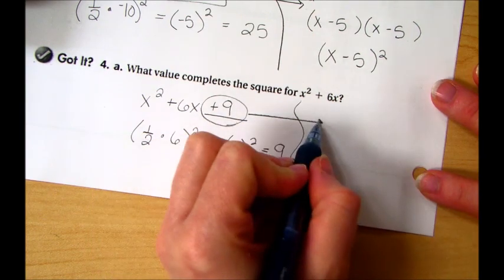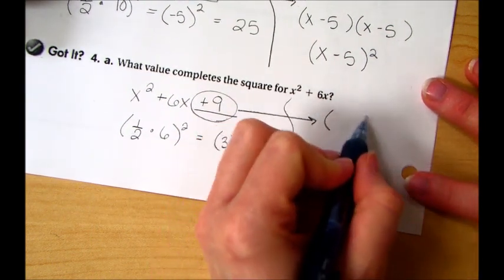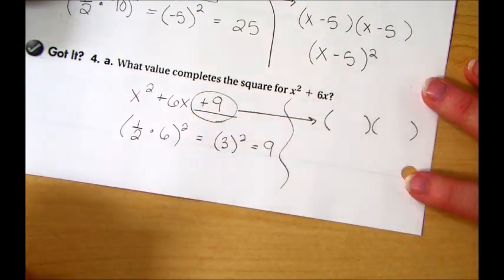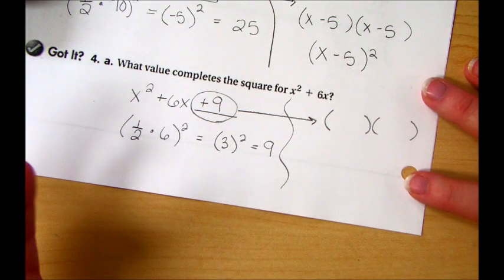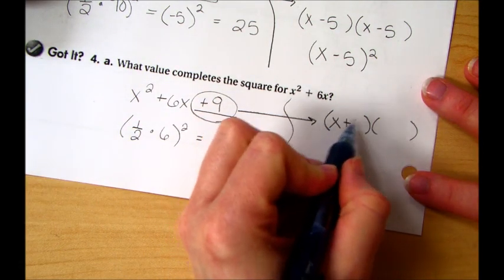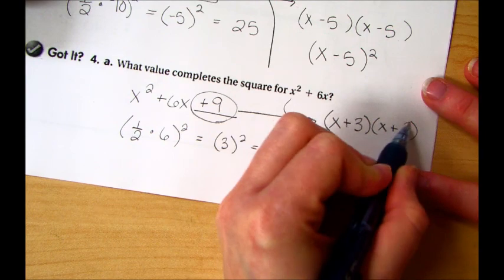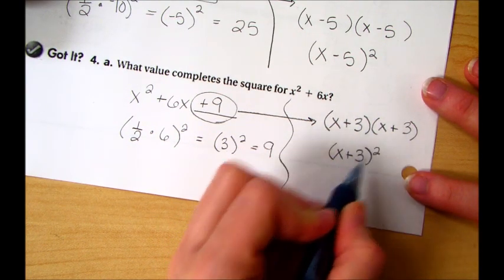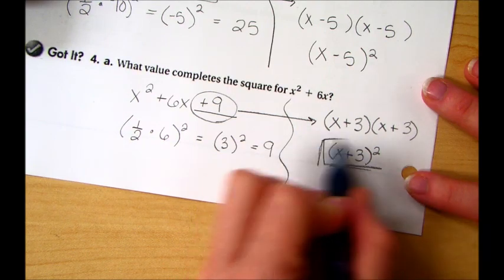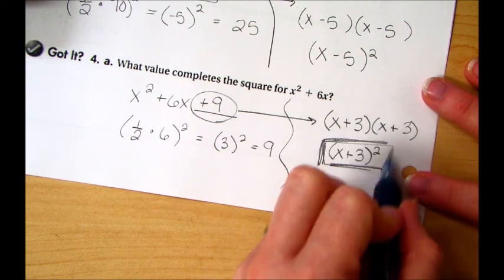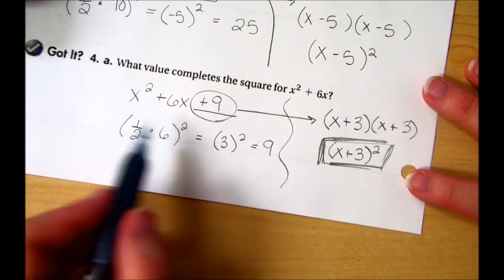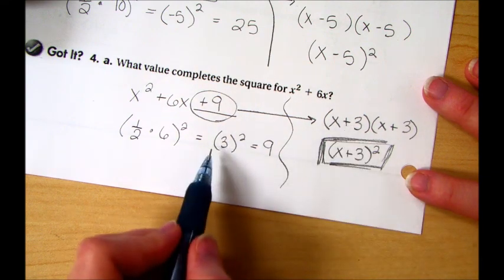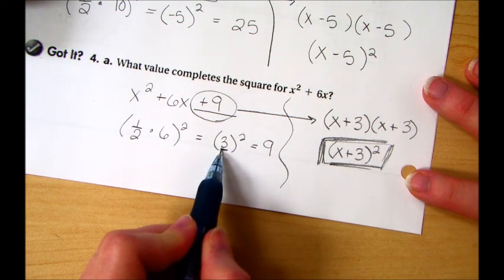Because if you were to factor this trinomial, using the box or grouping or however you factor, it would factor to x plus 3 and x plus 3, which, since it's the same thing, is a perfect square. For perfect squares, let me give you a little hint. It's x plus or x minus whatever little value you get inside of here.